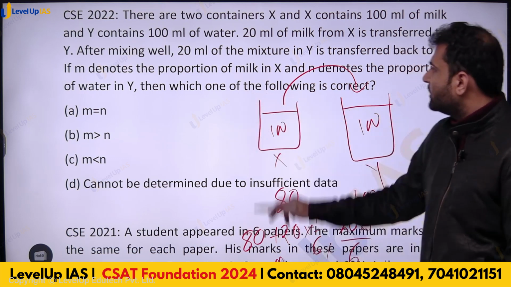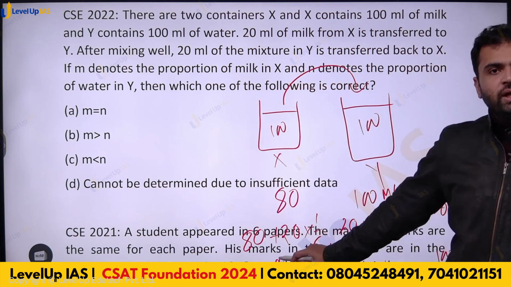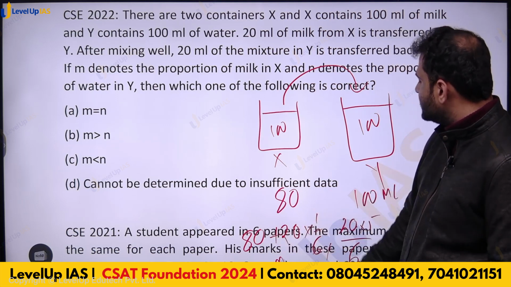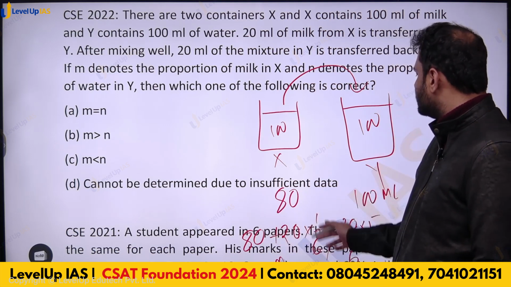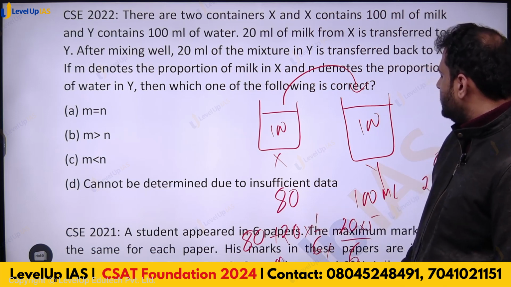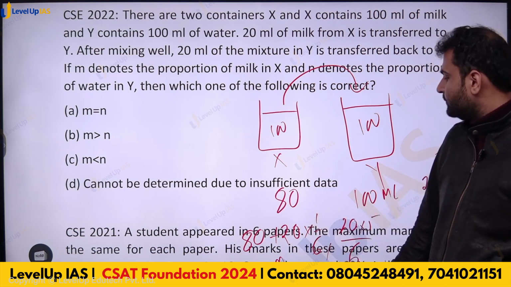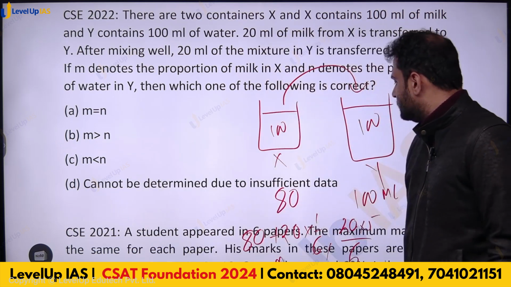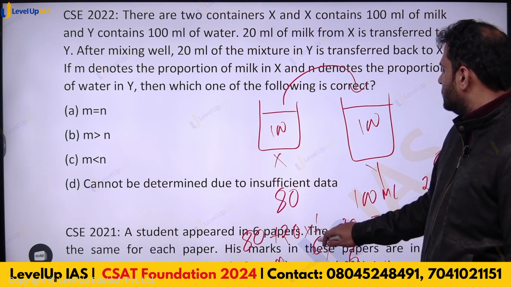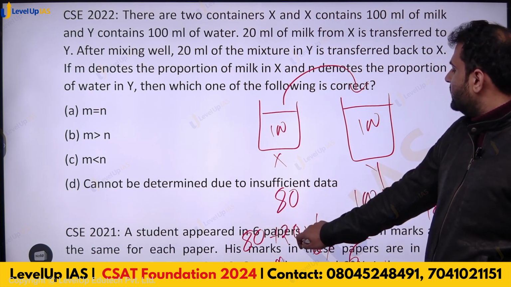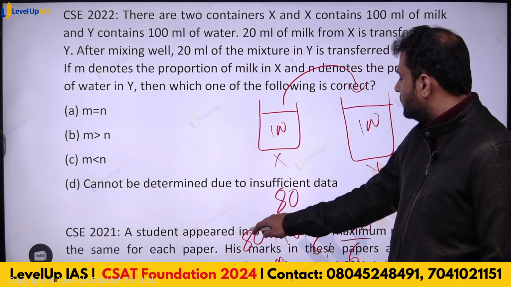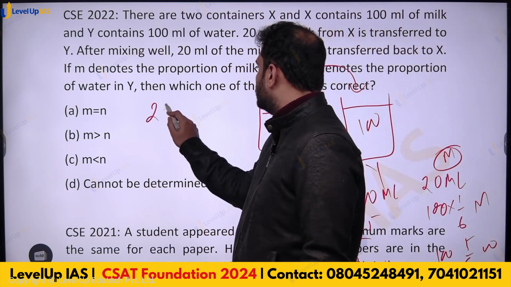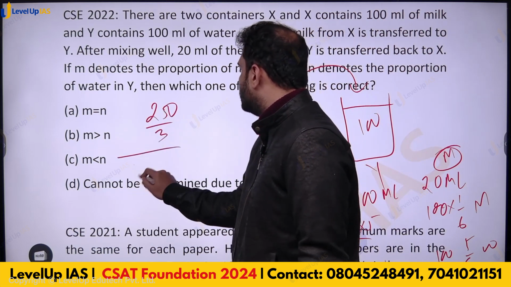If M denotes the proportion of milk in X, then it is 80 plus 20/6. 20/6 is nothing but 10/3, sorry. So it becomes 80 plus 10/3. 80 into 3 is 240 plus 10 is 250, so 250/3 out of 100 is milk.